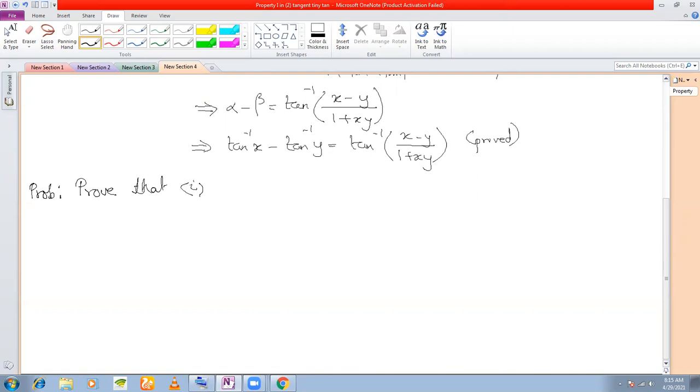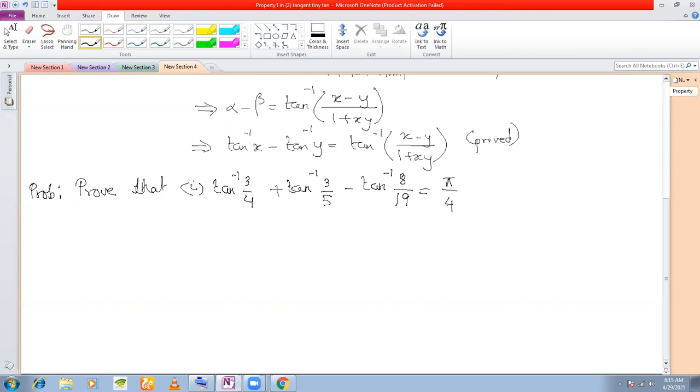The first problem is tan inverse 3 by 4 plus tan inverse 3 by 5 minus tan inverse 8 by 19 is equal to pi by 4. This is what you need to show.